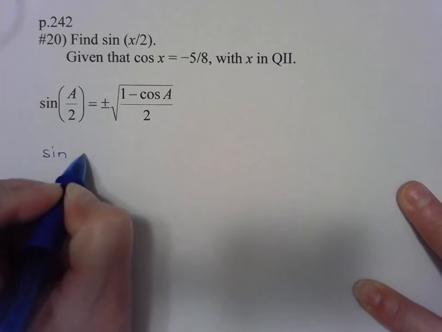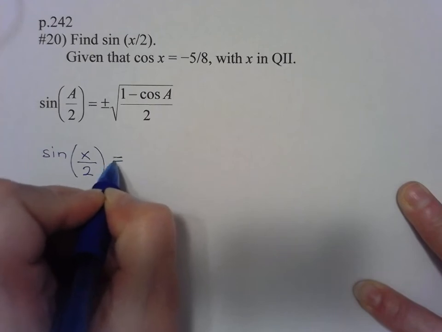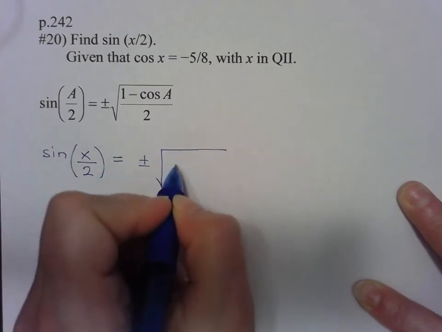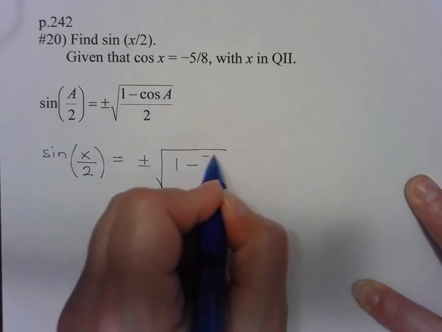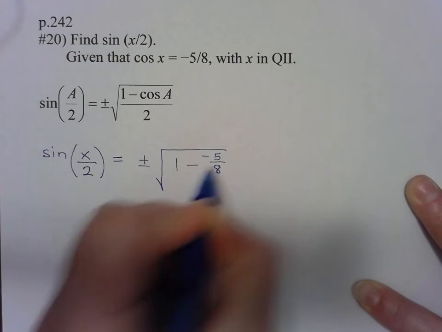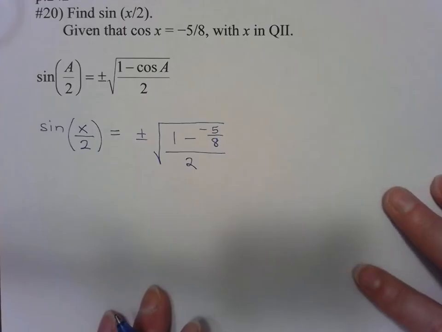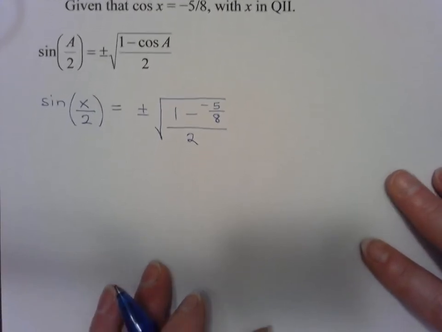So that means the sine of x over 2 will be plus or minus the square root of 1 minus cosine of x, which is negative 5/8, over 2. There's a little bit of fraction work here, so let's go ahead and do that.